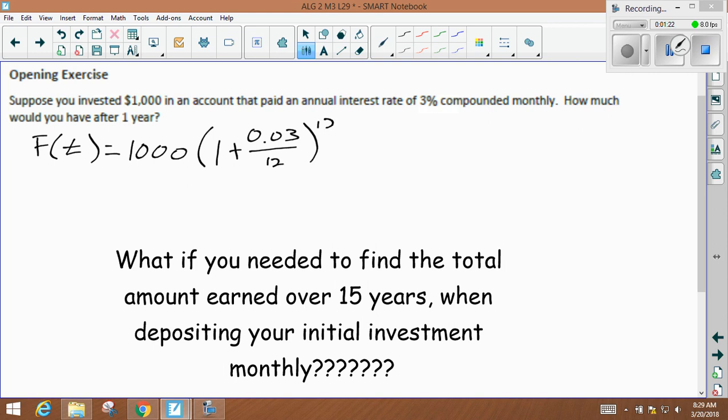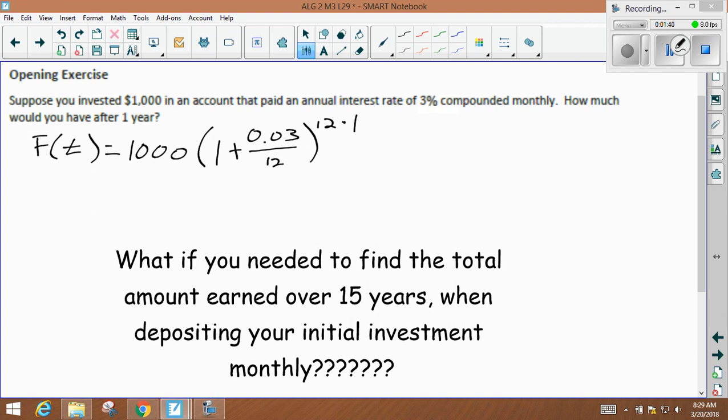And then we would raise that to 12 times 1, right? Because we're only going to do it in 1 year. So there's a 12 times 1 here.